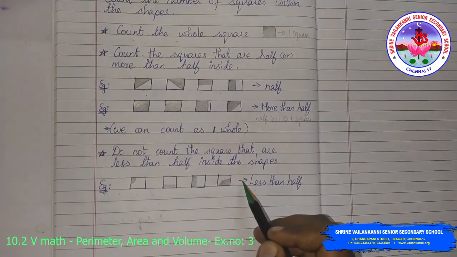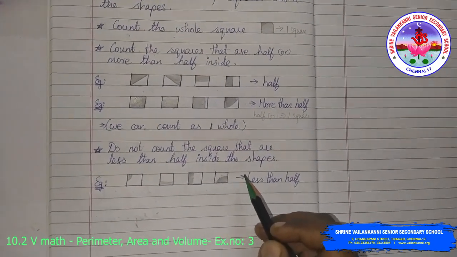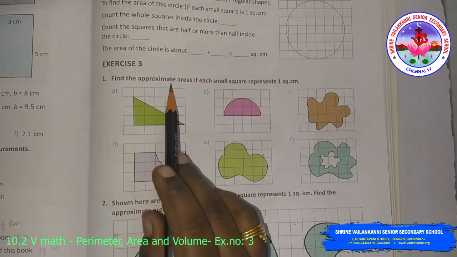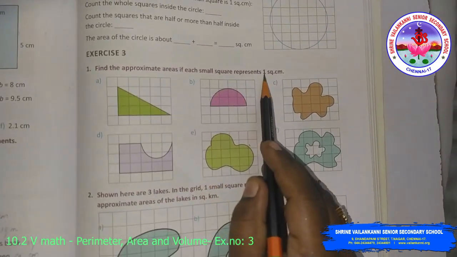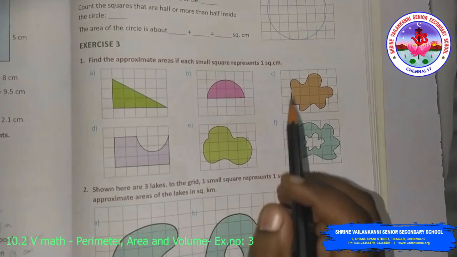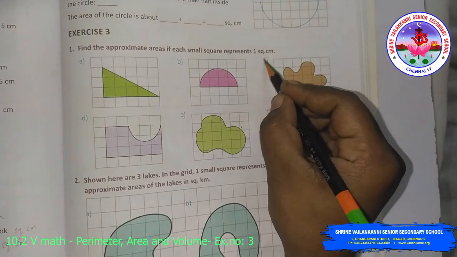We are going to find the area of irregular shapes. Here under exercise 3, find the approximate area if each small square represents 1 square centimeter. For example, we'll take the C sum.